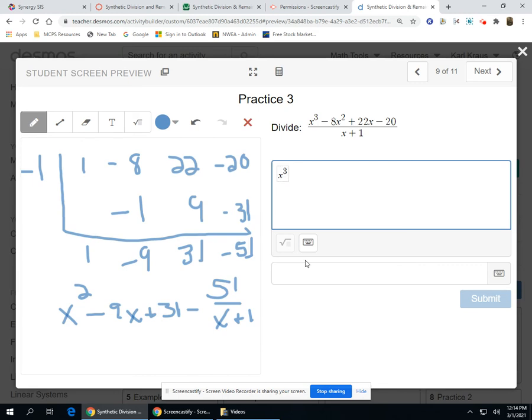So x cubed minus 8x squared plus 22x minus 20 equals x plus 1 times x squared minus 9x plus 31, minus 51 over x plus 1.